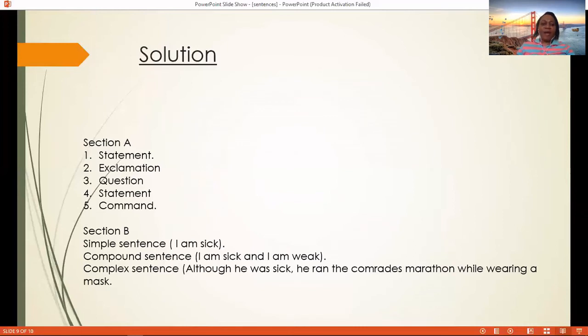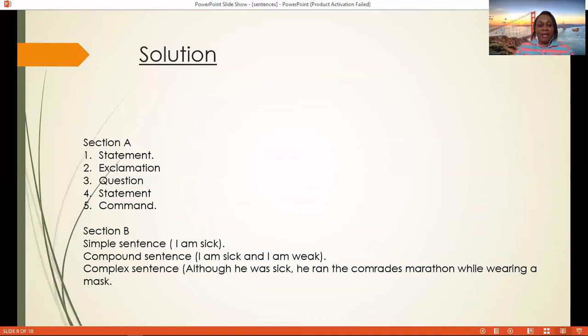For our number 1, number 1 is a statement, because we are just given that information. It's a statement just giving us information. And then number 2, it's easy to tell it's an exclamation because of the exclamation mark. You can easily tell.